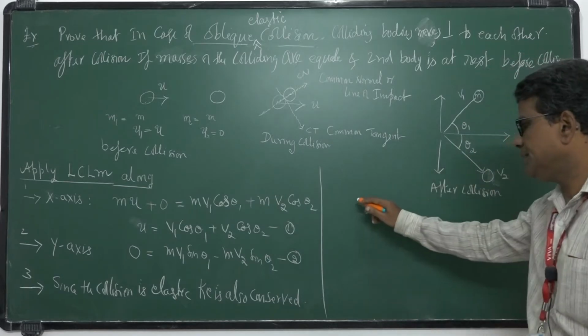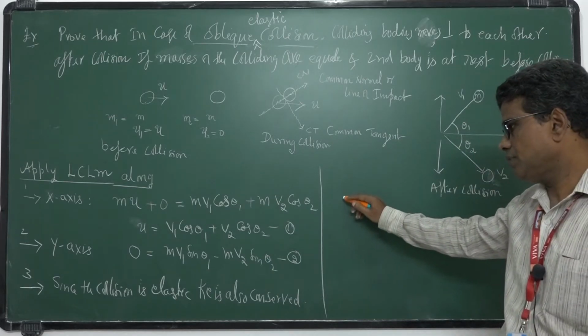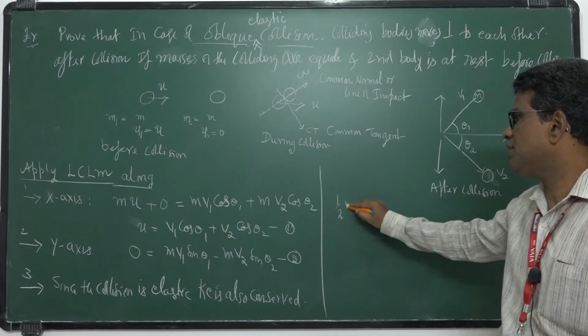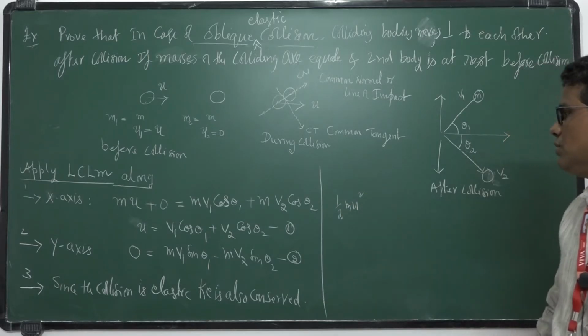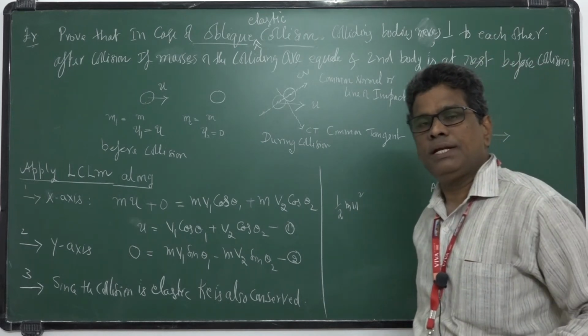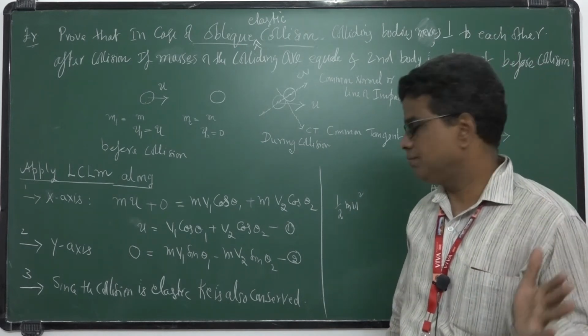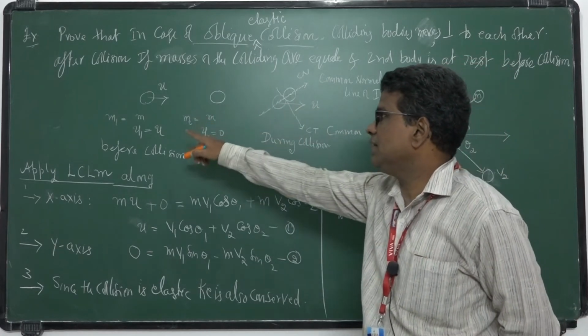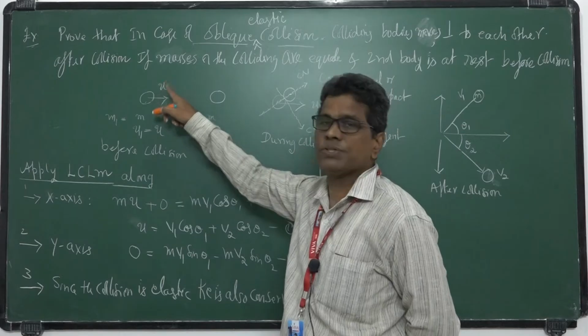So, what is kinetic energy? Initial kinetic energy is half m u square. Total kinetic energy before collision is equal to total kinetic energy after collision. That is kinetic energy conservation. The first one has kinetic energy half m u square.